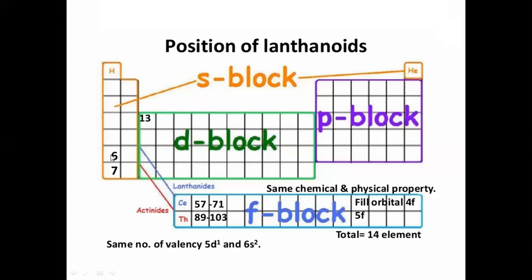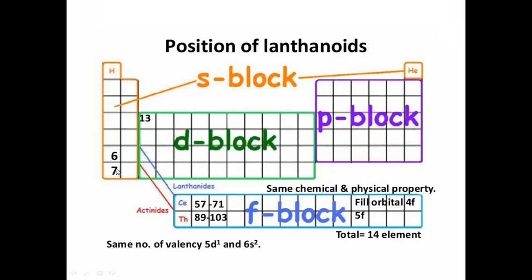So the sixth period starts with cesium, atomic number 55, then there is barium, and after barium, from group third B of the periodic table, a lanthanum element is there with atomic number 57, and there comes a series of almost 14 elements, including the lanthanum, that forms the 15 elements from atomic number 57 to 71, where the incoming electron preferentially enters into the 4f orbital.